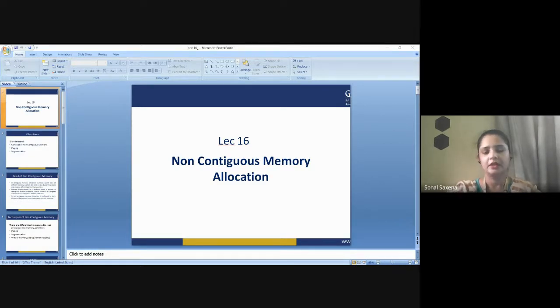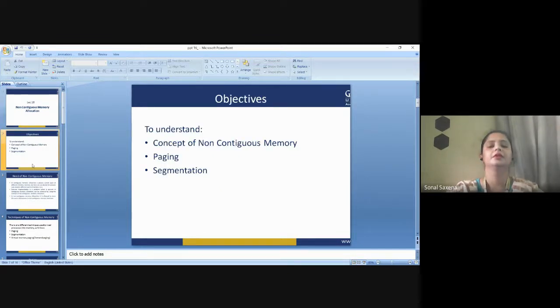With this, let us start and cover the important concepts in non-contiguous memory. In today's lecture, these are the objectives we are going to understand: the concept of non-contiguous memory, then the paging scheme, and segmentation.